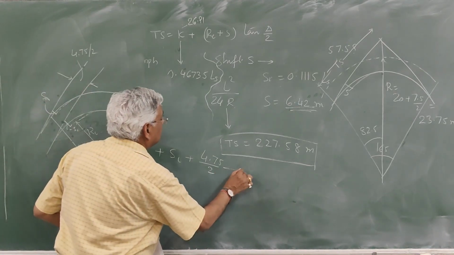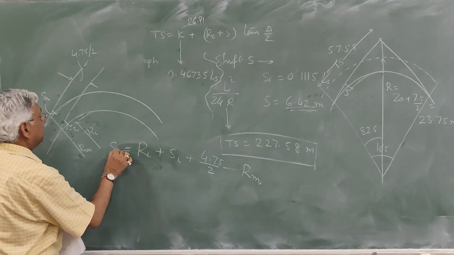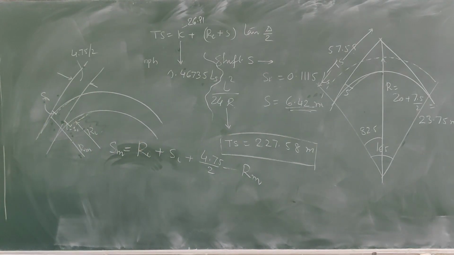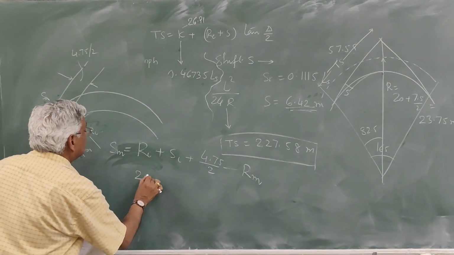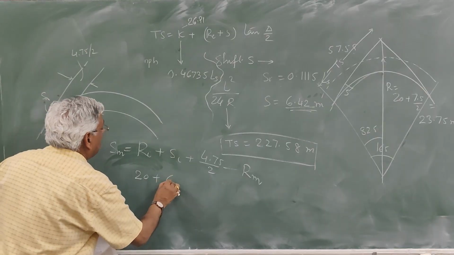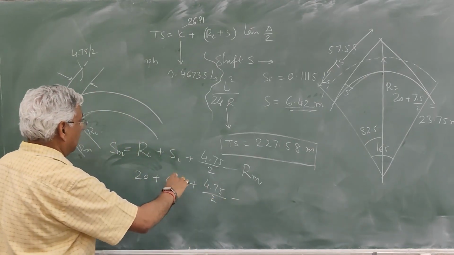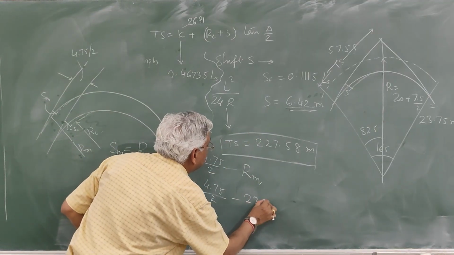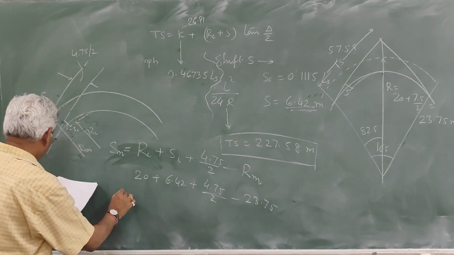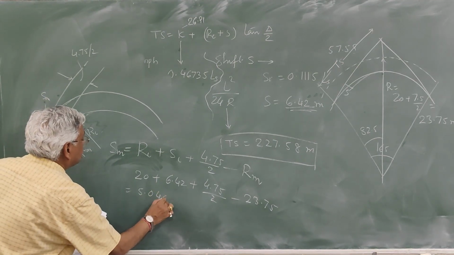So minus R middle, that is the shift of the middle curve. That is how you can calculate. So this shift is now 20 plus 6.42 minus RM. RM we calculated, 23.75 meter. So this is now 5.46 meter.